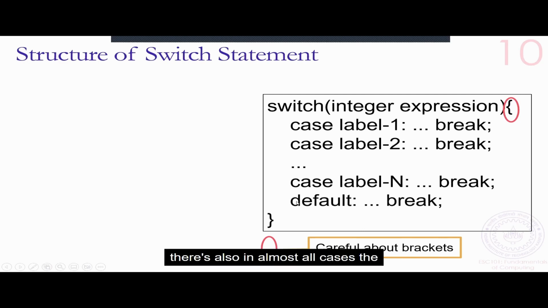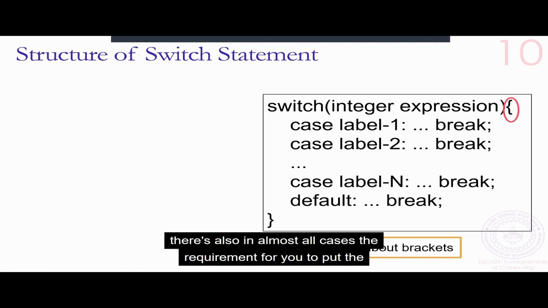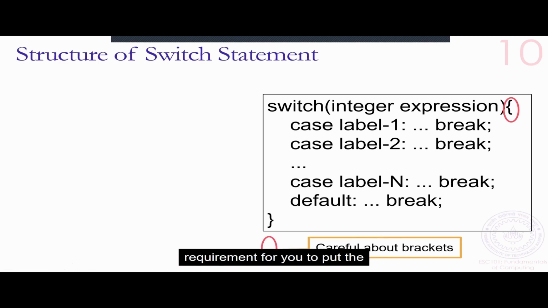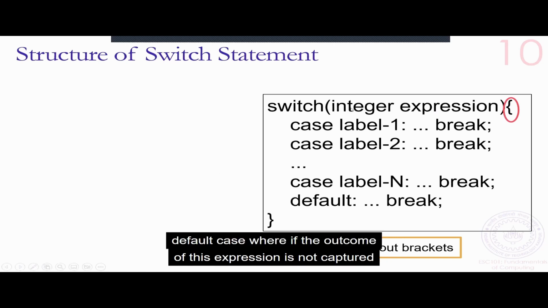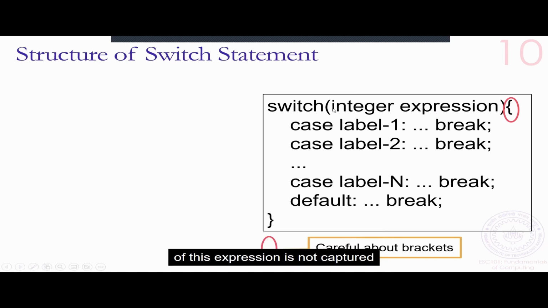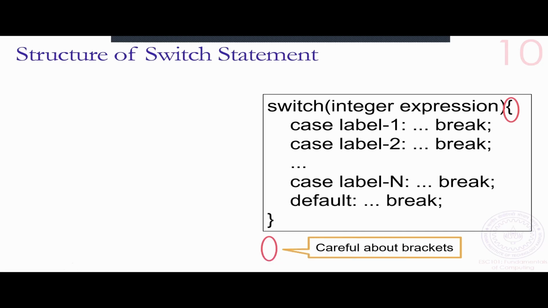There's also, in almost all cases, a requirement for you to put a default case where if the outcome of this expression is not captured by any of these n labels, then that default condition takes care of that particular situation.